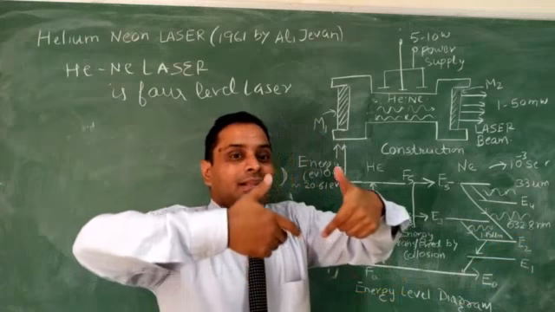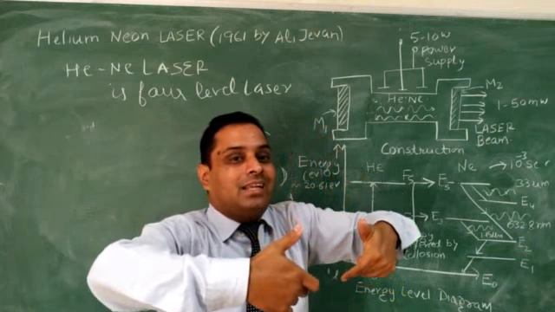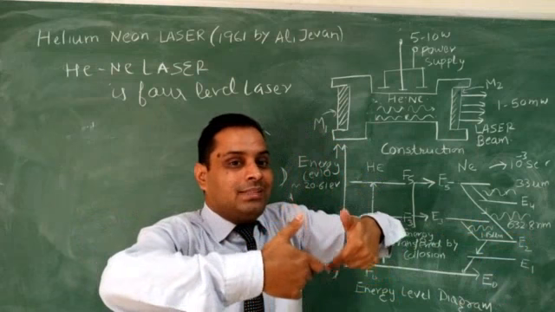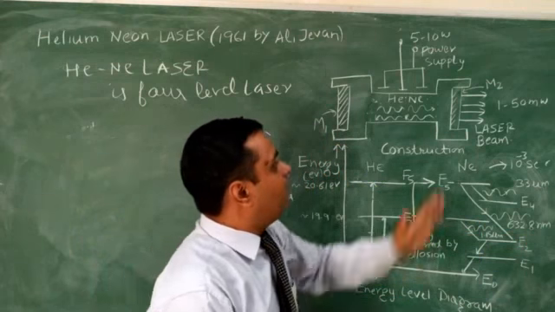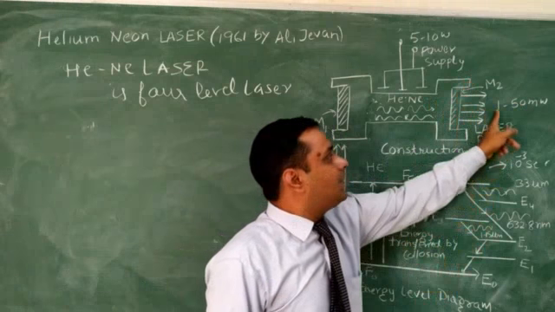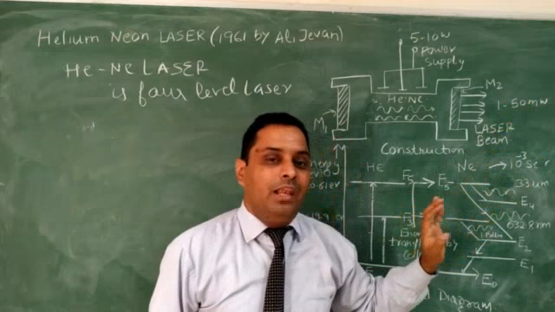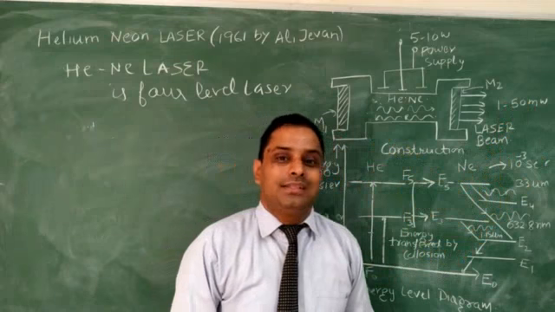So when the beam of sufficient intensity is generated, it comes to this partially reflecting mirror M2. So we can get a laser power of 1 to 50 milliwatt in the case of helium neon laser.